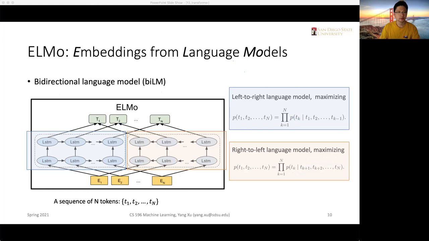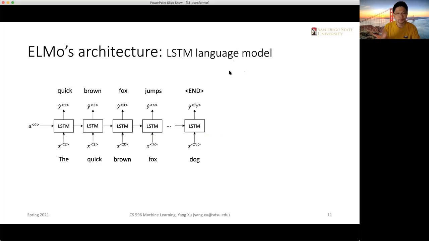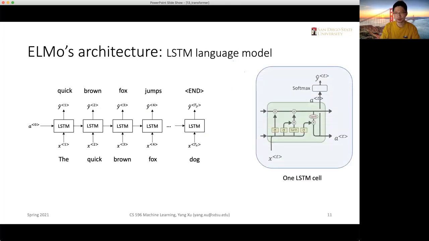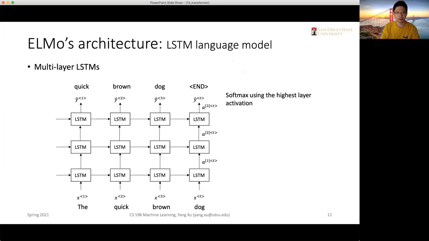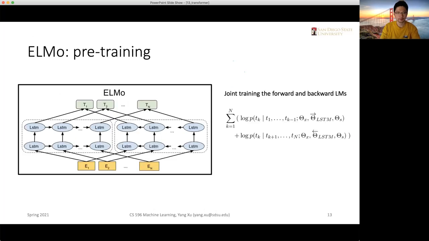On the next slide, we're going to show a simple showcase of a one-layer LSTM model, and the internal is just like this, okay? And the multiple-layer version is just a stack of multiple activations. The training of this ELMo model is actually a joint training, which means that we are training both the forward, left-to-right language model and the right-to-left language model at the same time.